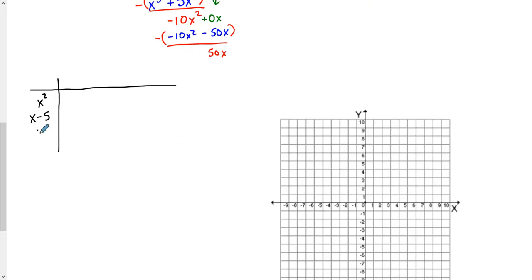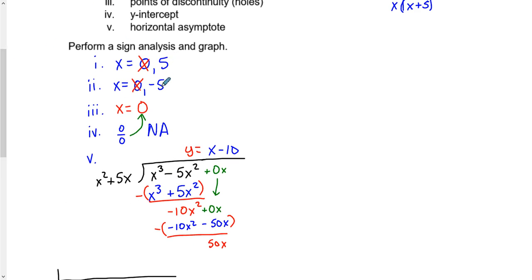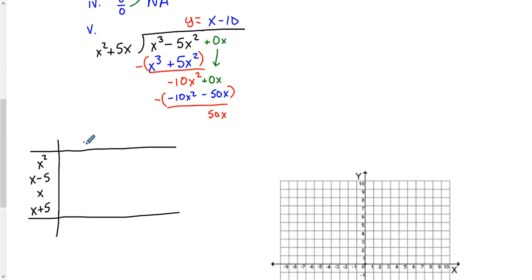Yes. Denominator is an x and an x add 5. The zero of the numerator is 5, 0 and -5 at the denominator. Our point of discontinuity is at 0. So -5, 0, and +5.